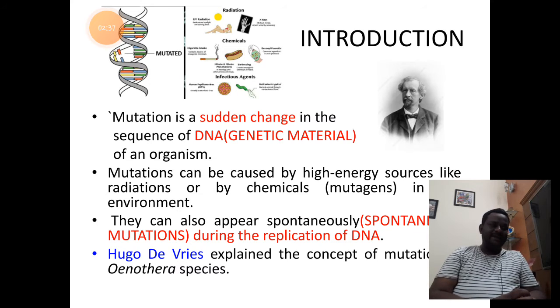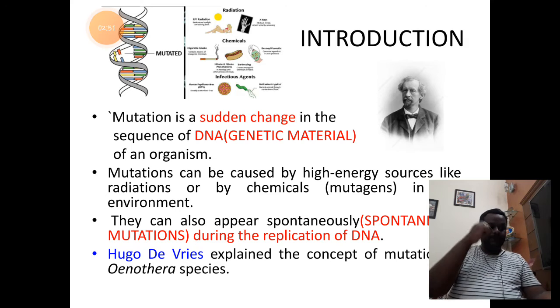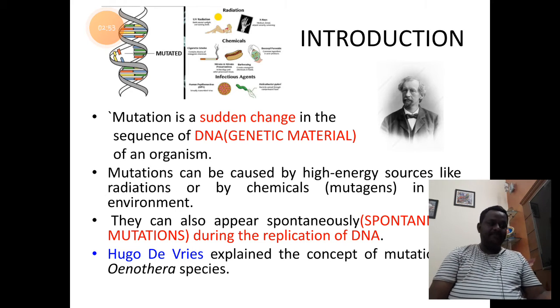It is caused by high energy radiations or mutagenic chemical infectious substances or agents like viruses, etc. It is a random process where any cell of any organism, when exposed to these mutagens, results in the process of sudden change in the DNA, which we call mutation.